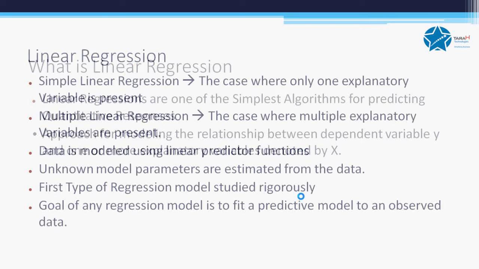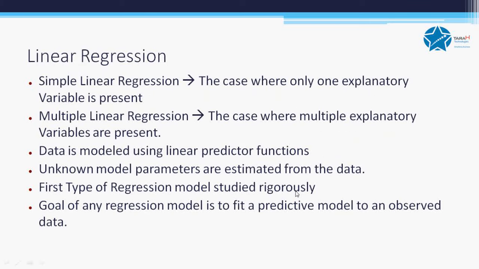So when only one explanatory variable is present, we talk about a simple linear regression. In case there are multiple explanatory variables yielding the dependent variable, then we call it multiple linear regression.